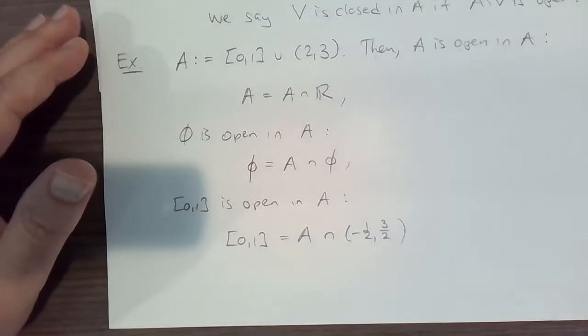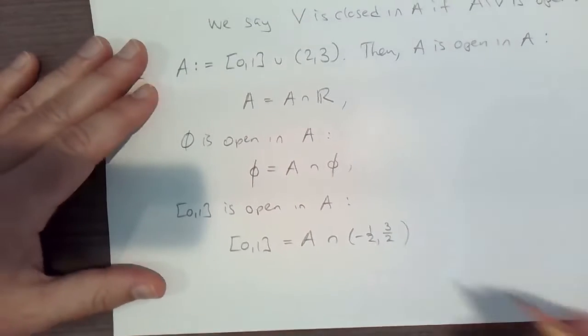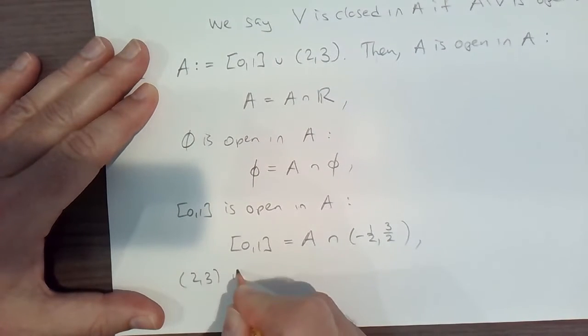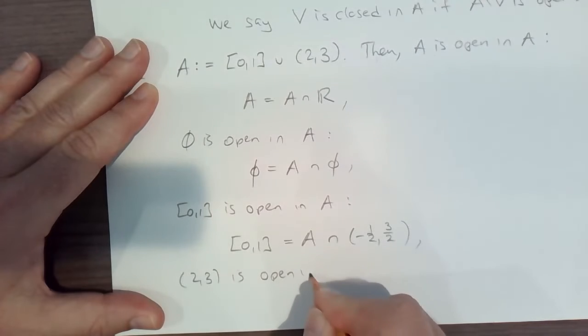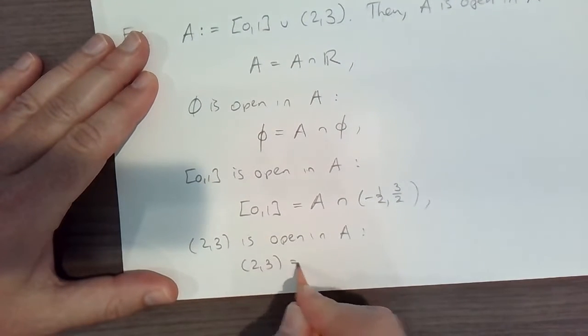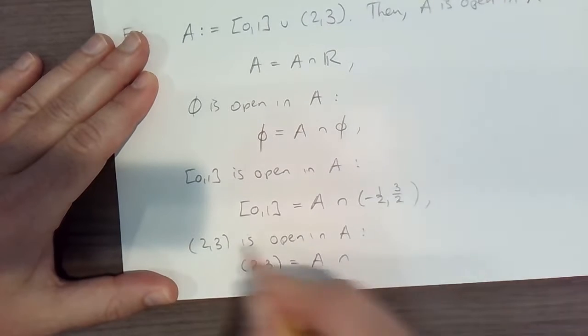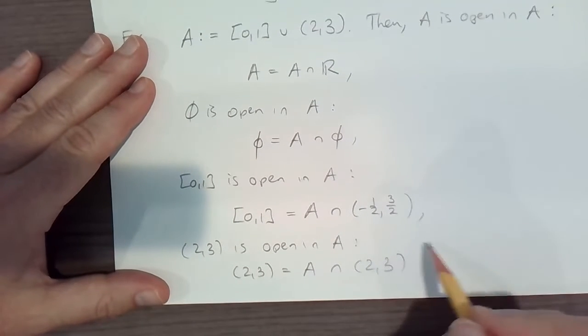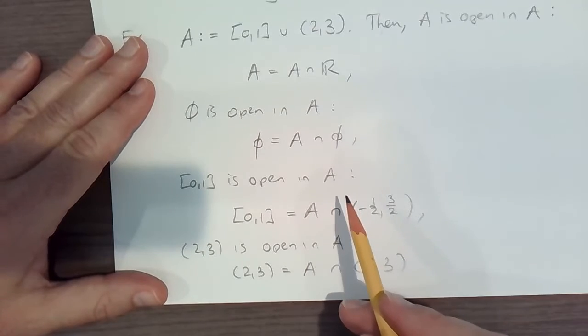So that one is open. And finally, I can also say that 2 to 3 is open in A. Why? Because I can write it as A intersection with itself, and 2 to 3 is even open in R, but in particular also open in A.